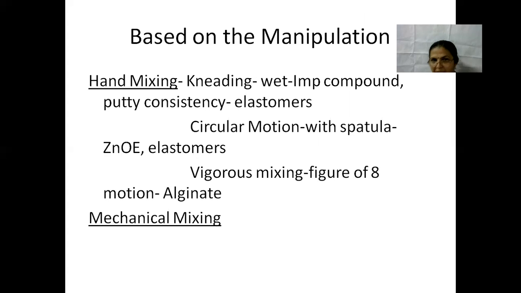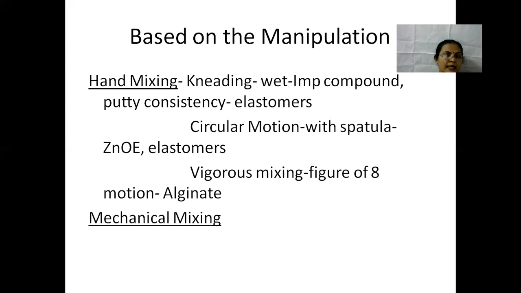And based on the manipulation, you can again classify these impression materials under hand mixing and mechanical mixing. In hand mixing, kneading can be done for impression compound, where it is called wet kneading. For dry kneading, the elastomers are used for putty consistency, and a circular motion with a spatula is used for zinc oxide eugenol impression paste and also light body elastomers.